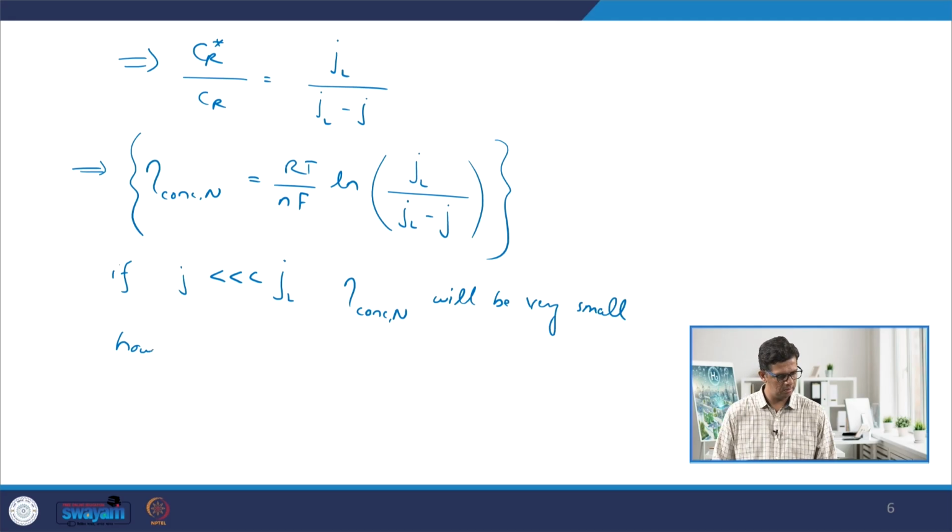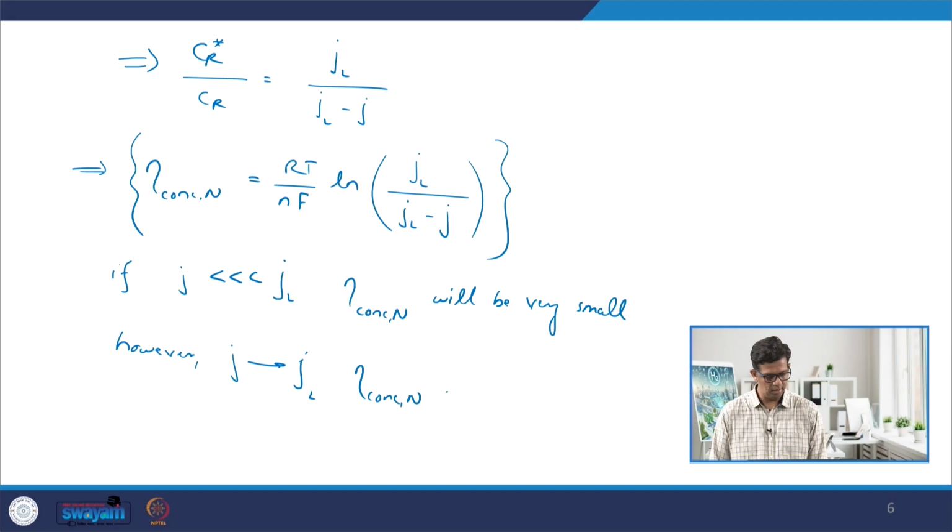However, as J approaches Z L, in other words, when we start drawing more and more current and try to reach towards the limiting current density, this eta concentration due to the Nernst potential will increase sharply.